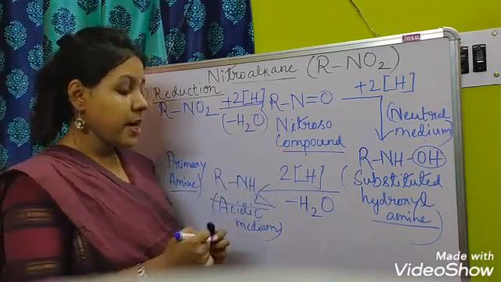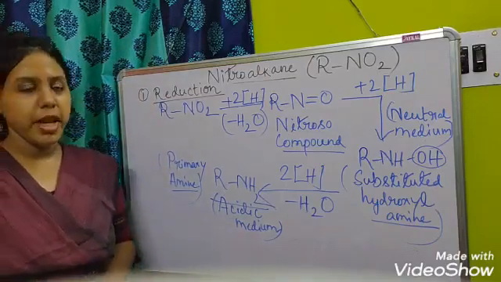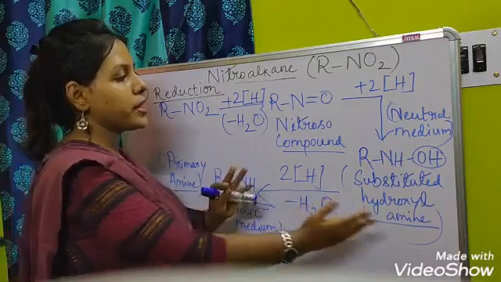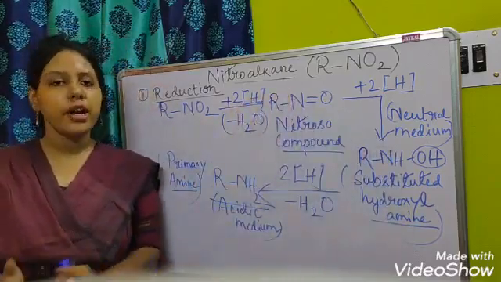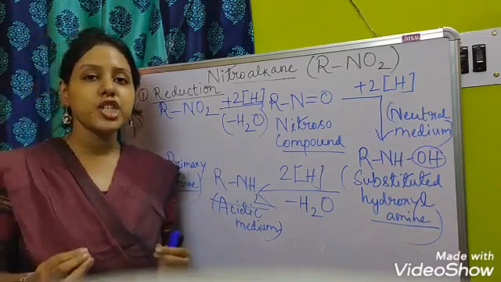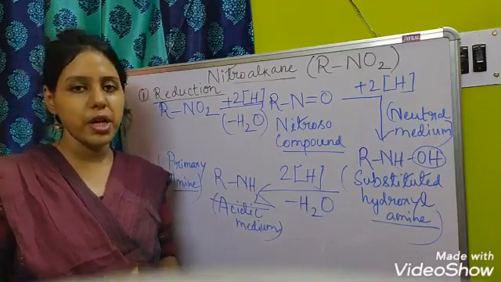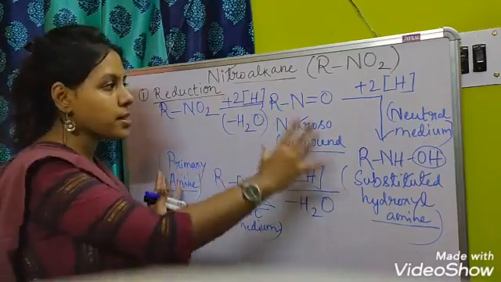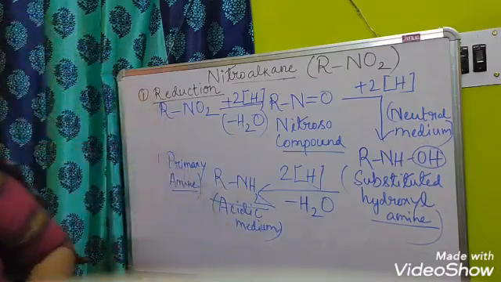So that means depending on the pH of the reaction medium, whether it is acidic, neutral, or alkaline, we are getting different types of products. It also depends on the nature of the reducing agent that we are using. Okay, so this was just an introduction. So now we will see it in detail.